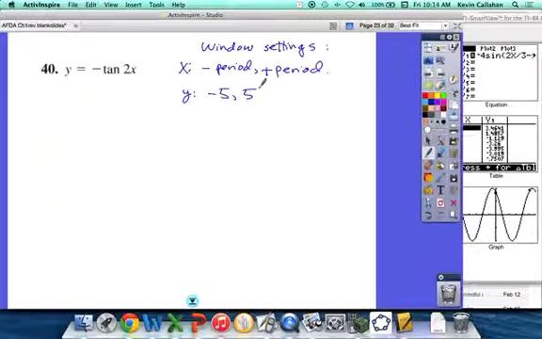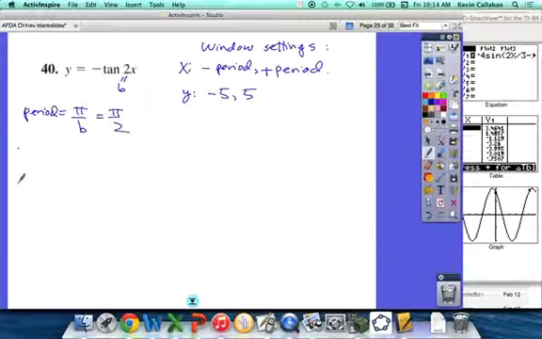So in this case here, and then the other thing is, the formula for the period now is not 2 pi over b, it's pi over b, right? So period equals pi over b. What is the b? The b is here, right? So it is pi over 2.